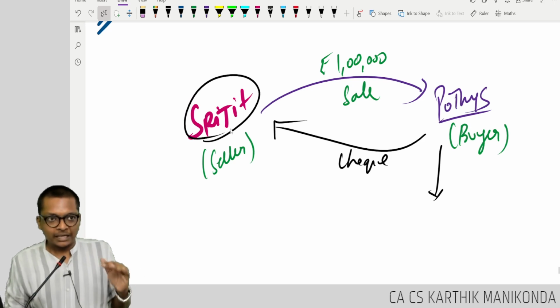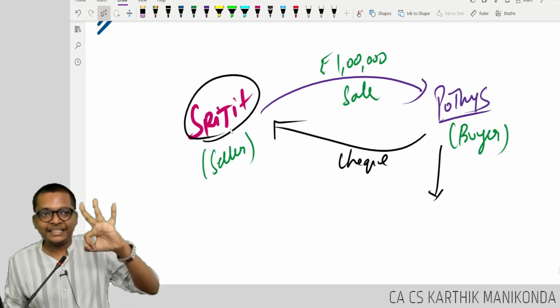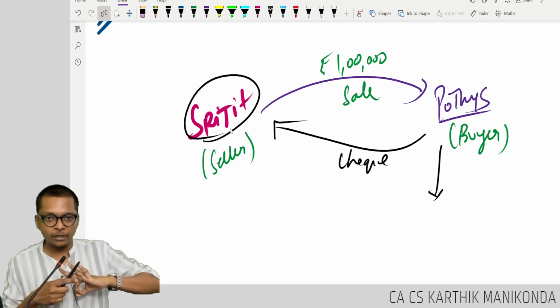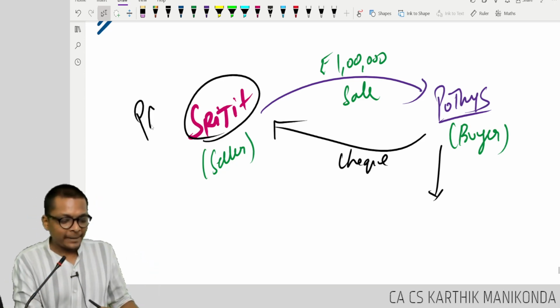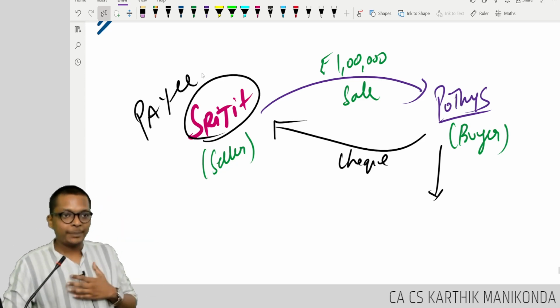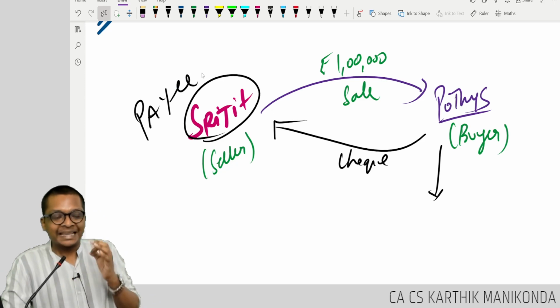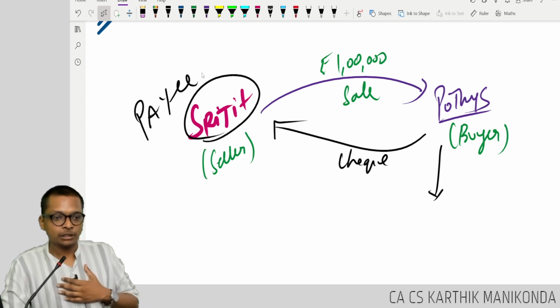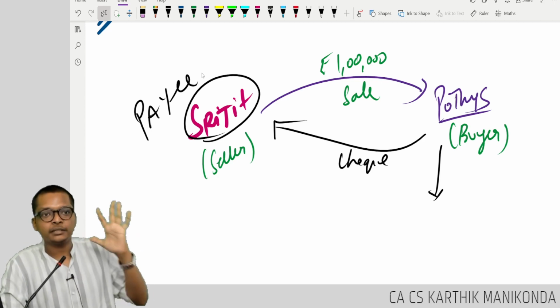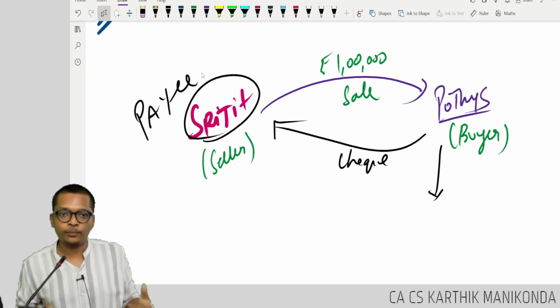So remember, in all the three instruments, check, promissory note, bill of exchange, payee is the person who is going to get the money. Who is going to get the money here? So Srijit will be called the payee.